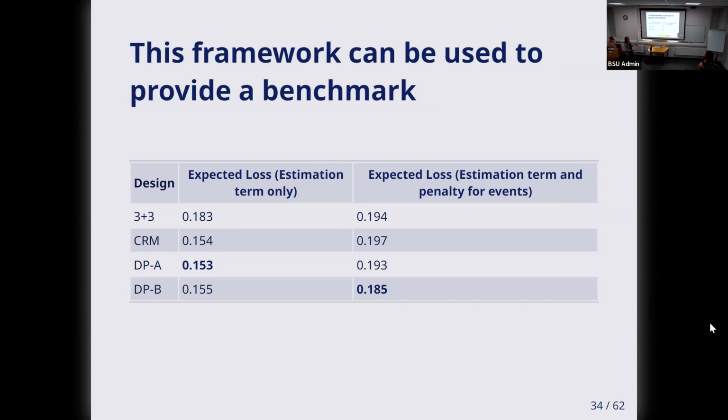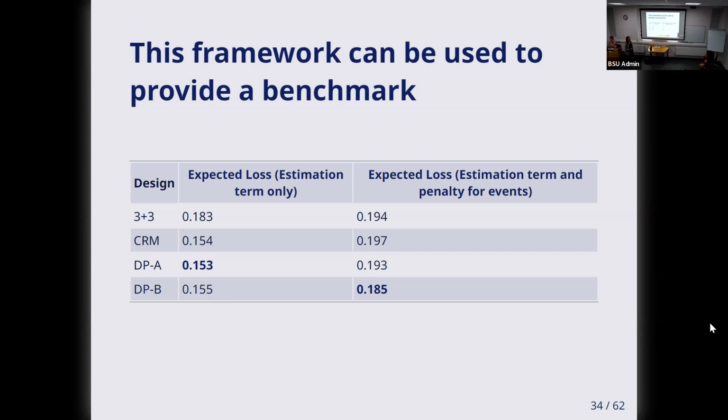So yeah, I think the case was that the dynamic programming tended to get to this same output at the end, but largely dosing at lower levels. And it makes sense because the CRM is trying to dose as many as possible at the maximum tolerated dose.